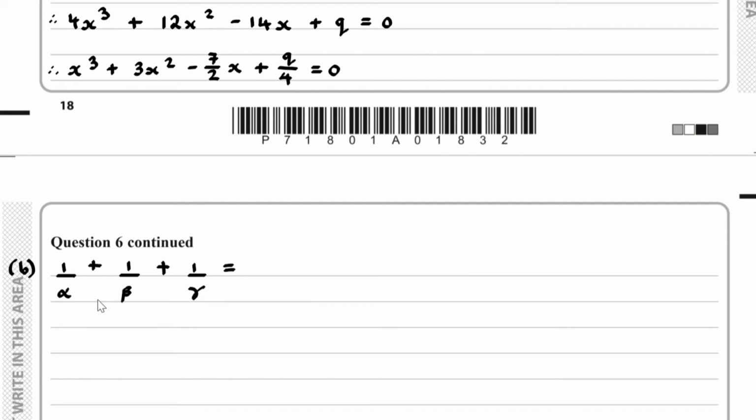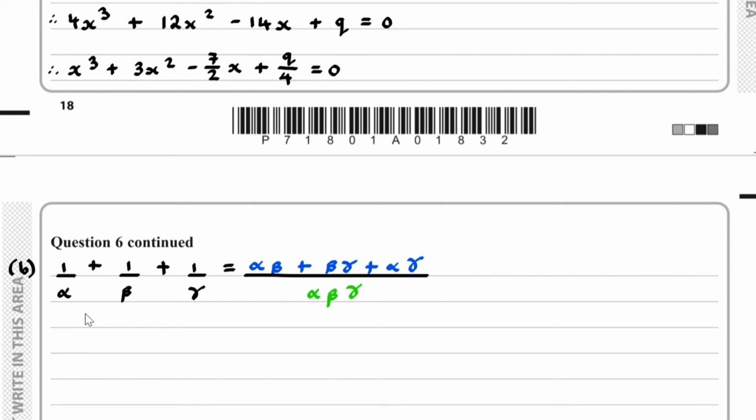If we were to work out what that is equivalent to, that's equivalent to alpha beta plus beta gamma plus alpha gamma divided by alpha beta gamma.